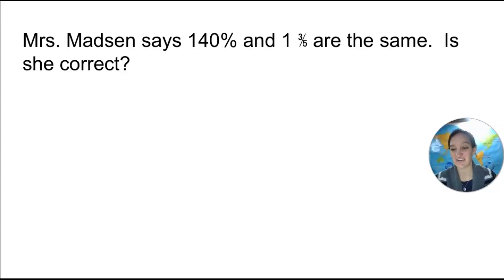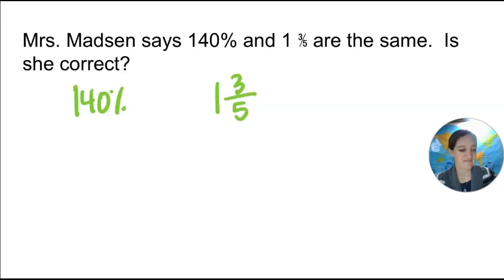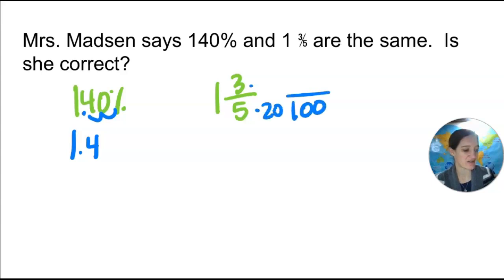Is she correct? Ooh, what do I want to do this time? I've got 140%. I have 1 3/5. Well, I know this is, if I were to change that to a decimal, it'd be 1.4. What could I do? Could I biglify this? I could.